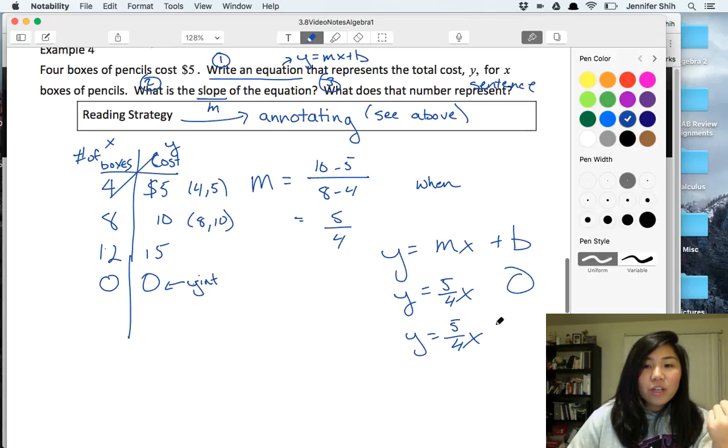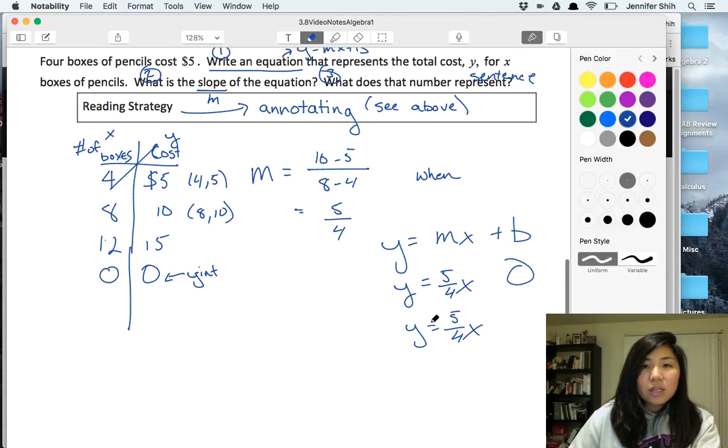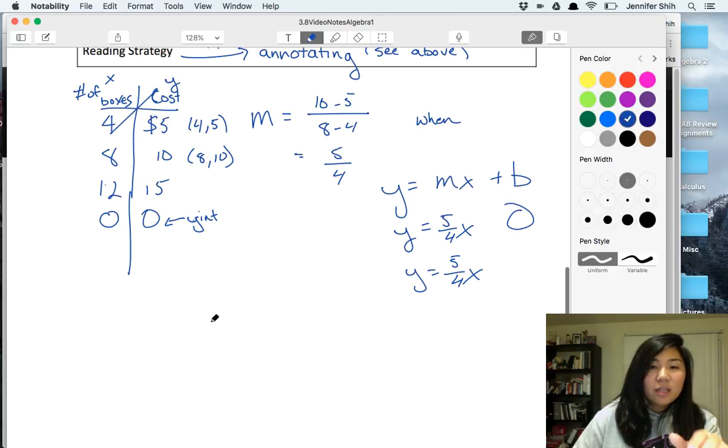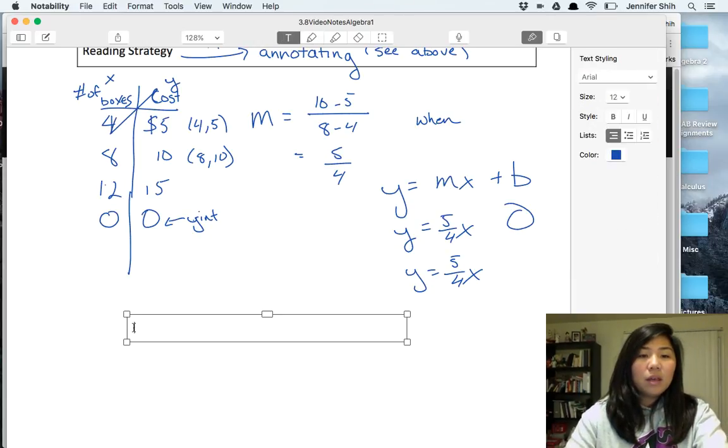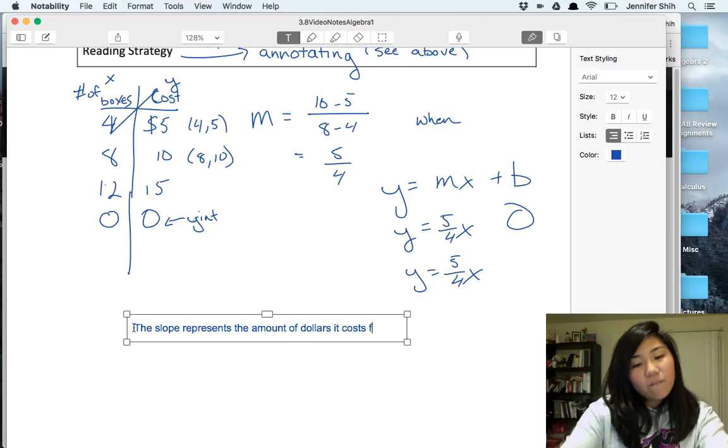I wrote an equation of the total cost, and what does the slope represent? So this is where I write a sentence for part 3. The slope represents the amount of dollars it costs for 1 box.